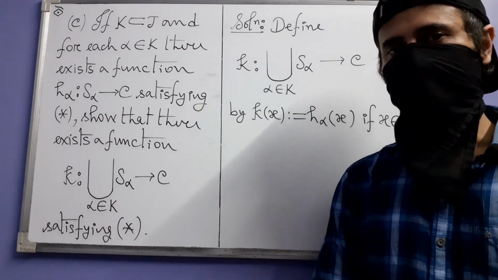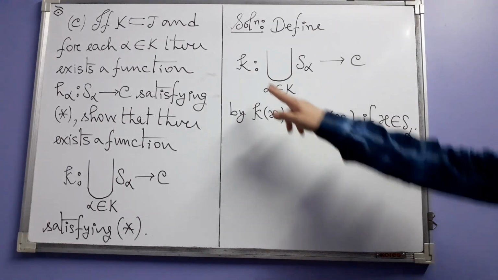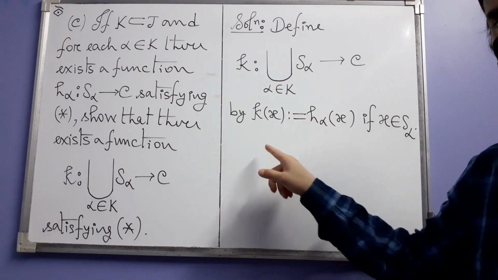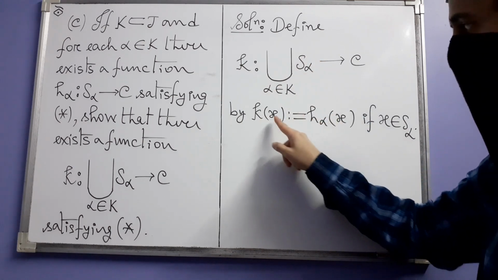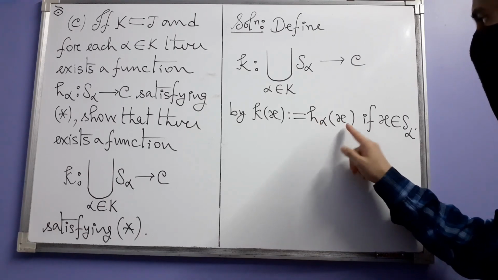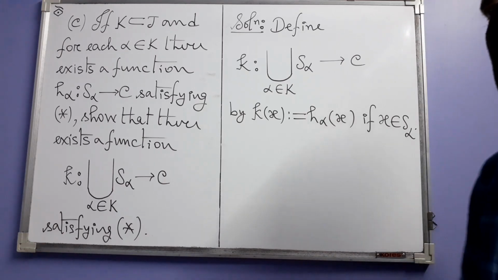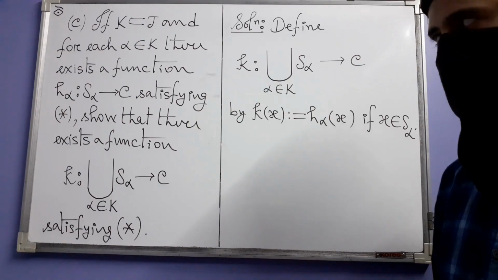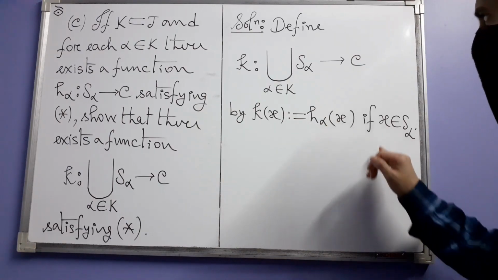So here also, just like part B, we straight away define the function K like this. X, of course, the input is going to come from this union. K of X is defined to be equal to H alpha of X if X belongs to S alpha. However, you encounter a problem immediately. It won't be a problem, you will see ultimately, but at present it's a problem.